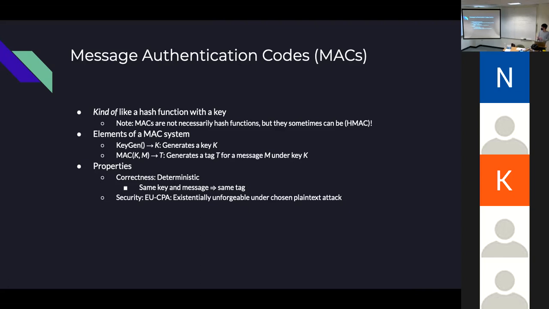This is an initialism for existentially unforgeable under chosen message attack. I'll show you what that looks like very shortly. And some algorithms that you'll see here: the one we learned in class is HMAC. There's another one that one of the other professors likes to teach called AES-CMAC. It's actually built on the CBC mode of encryption, but it's out of scope for this semester.